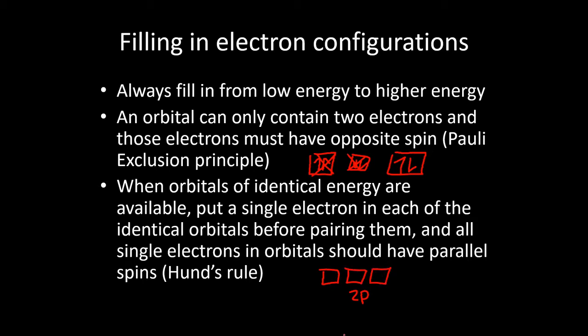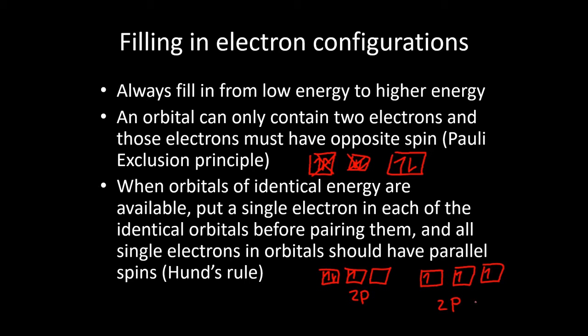If you remember, all the p subshells have 3 orbitals, and we have 3 electrons to put into the 2p. We're not going to pair them up like that. That's incorrect. Hund's rule tells us that we need to put one in each orbital.